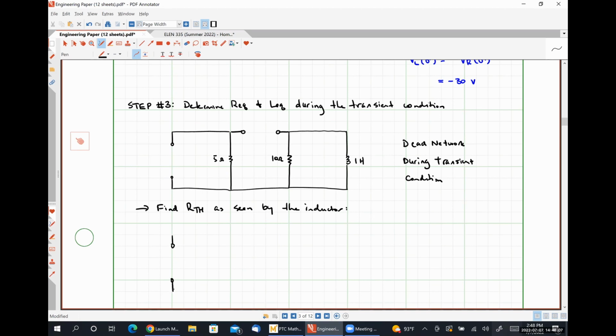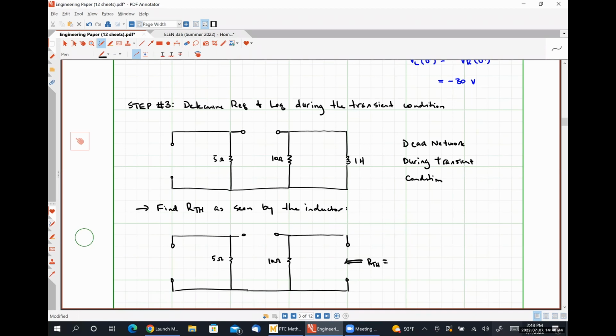So we're looking in through here and trying to find RTH.